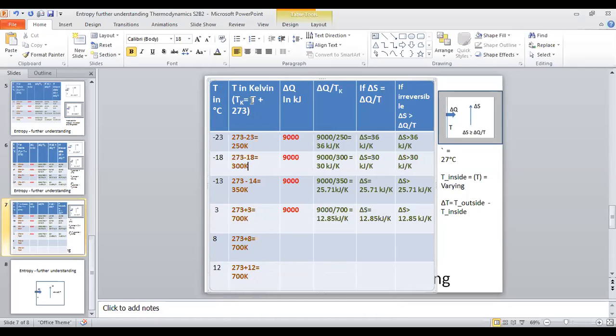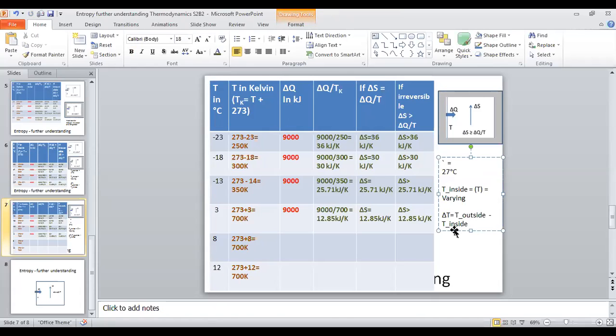Now because of this temperature, you have the T outside. Now you have the delta T value.